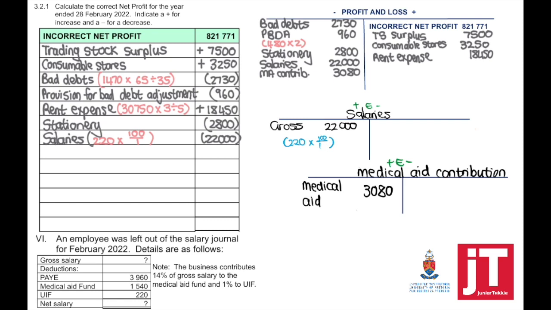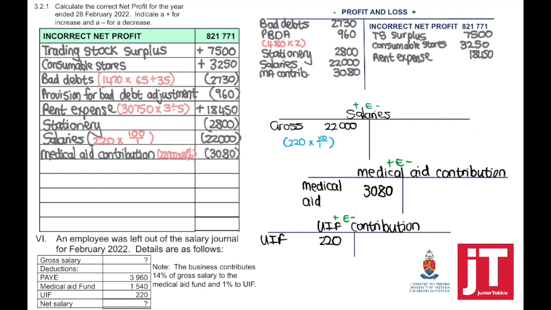It's an expense to the business, which means it will have a negative effect on the net profit. Do not forget about the UIF contribution. The contribution is also an expense to the business. If our expense increase, it will have a negative effect on the net profit, so it must be indicated in brackets.